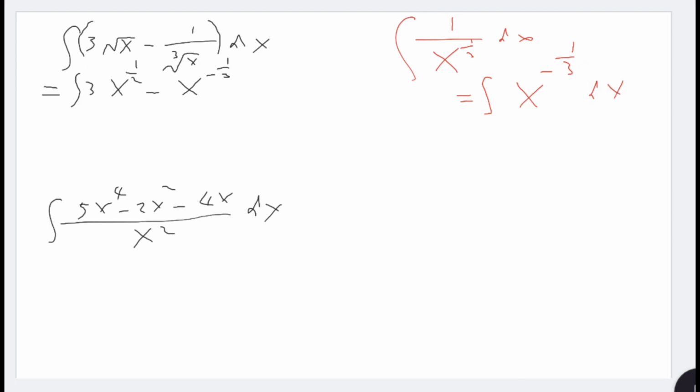If there's some other formula that can apply, that's a different story, but we don't have any other formula for a single power alone in the denominator. Okay, so anyway, algebraically we turn everything into a power, and then apply rules, formulas.